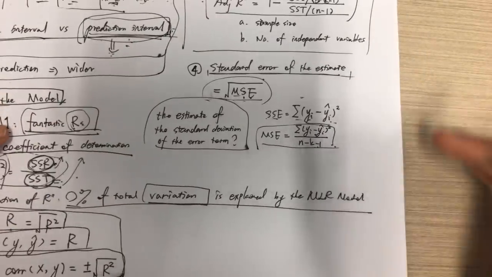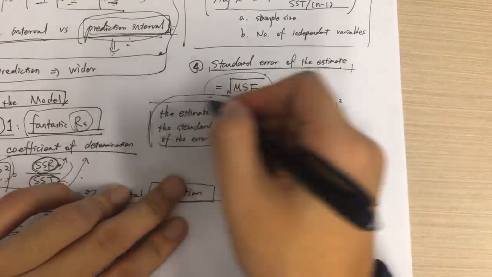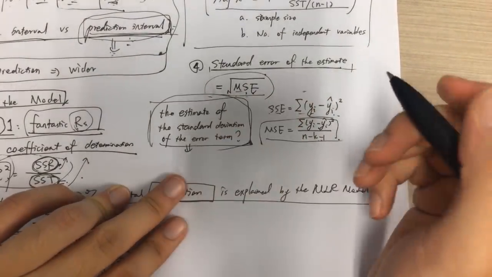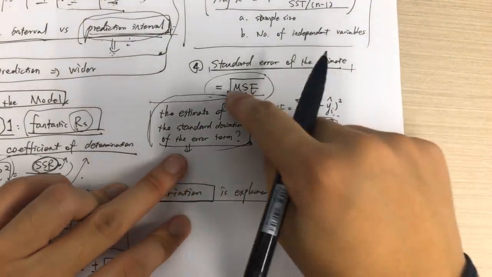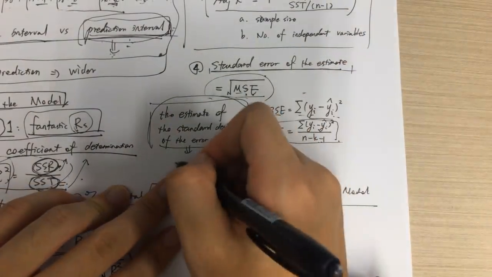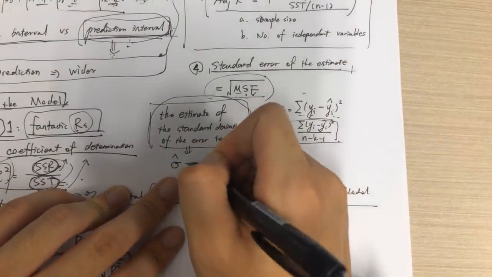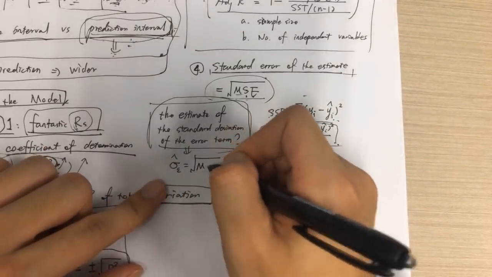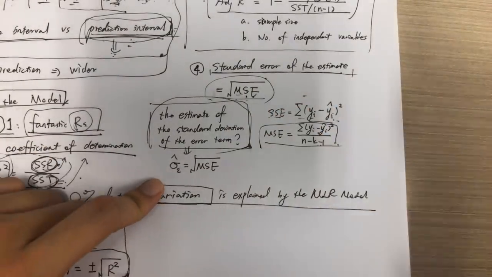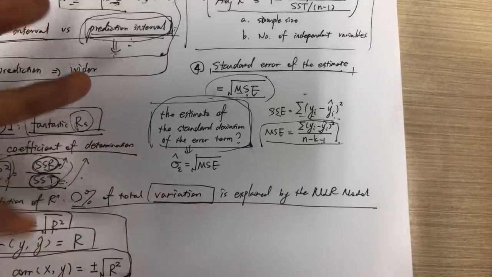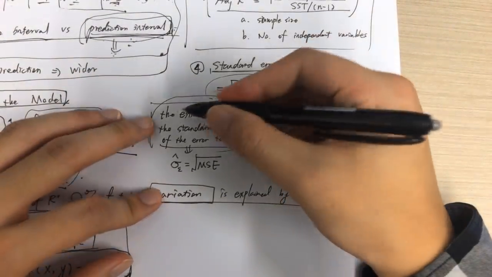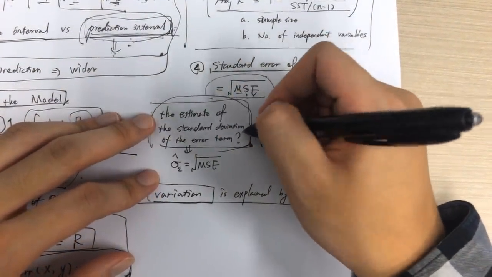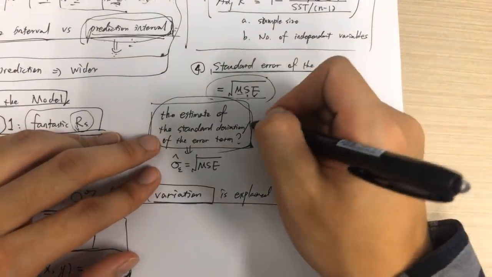Therefore, if you're asked this question in your final exam, you need to write down the standard error of estimate, right? So it's just the sigma epsilon hat, which is equal to the square root of MSE, all right? And again, the question can change to what is the estimate of the variance of the error term, okay?